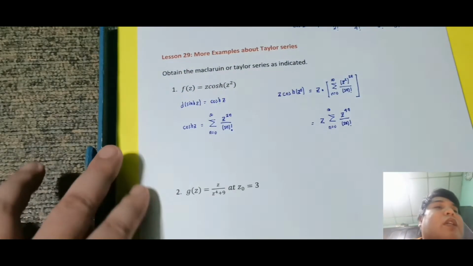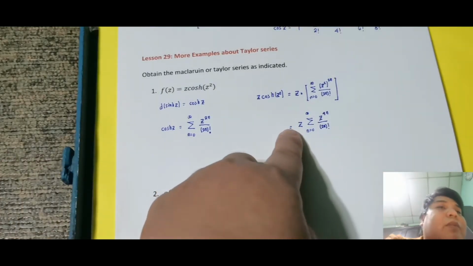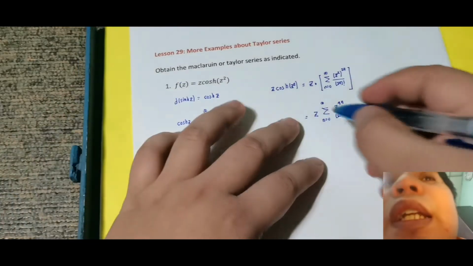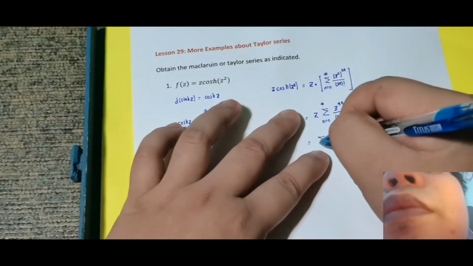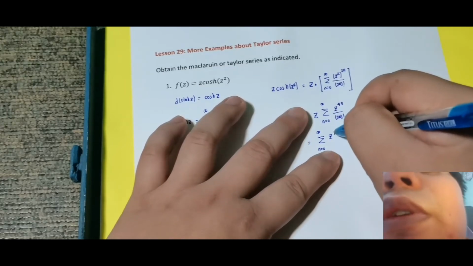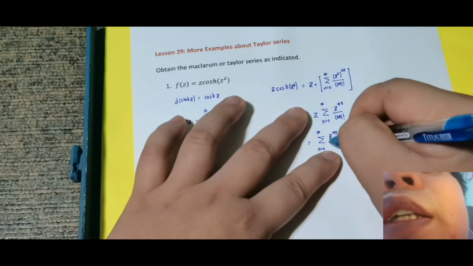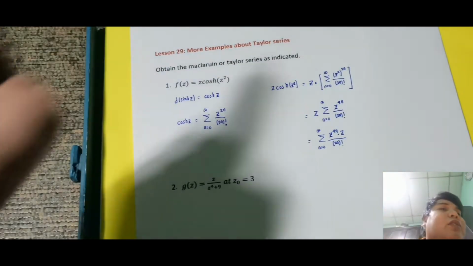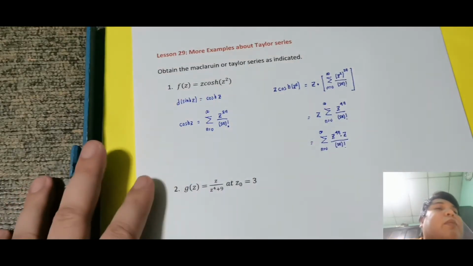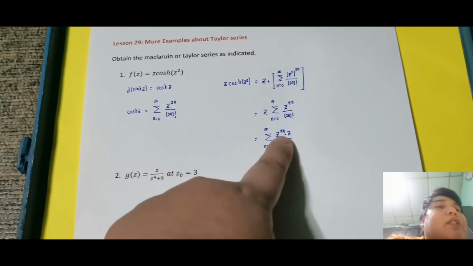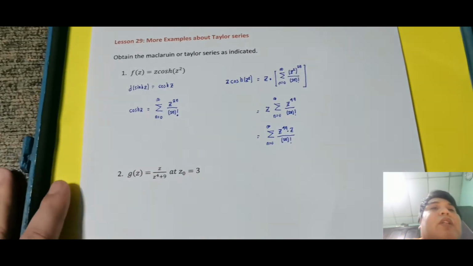Ngayon yung z, pag pinasok ko dyan, pwede siya pumasok sa loob ng summation. So pag pinasok ko siya, sa lahat ng term nag-add ka ng z. So anong nangyari? That is z raised to 4n plus 1. So mag-add lang. So ang mangyari, this is equal to summation for n is equal to 0 up to infinity ng z raised to 4n times z all over 2n factorial. Kasi yung ibig sabihin nito, sa lahat ng term mag-multiply ako ng z. Then therefore, pag pinag-simplify ko yan, since isang z lang yung kailangan natin, kasi power series yung hinahanap natin eh.